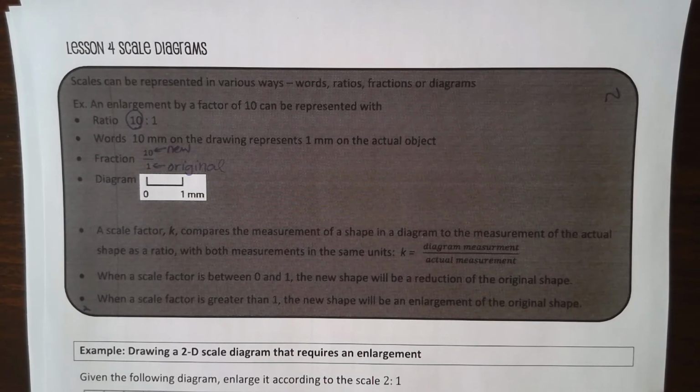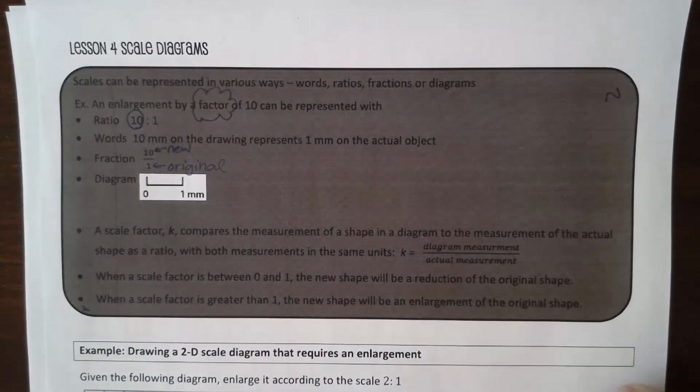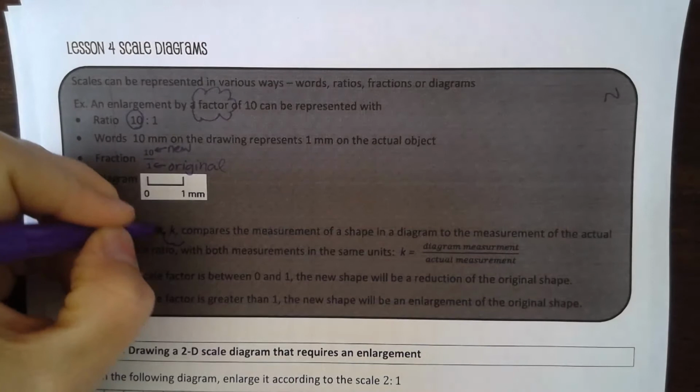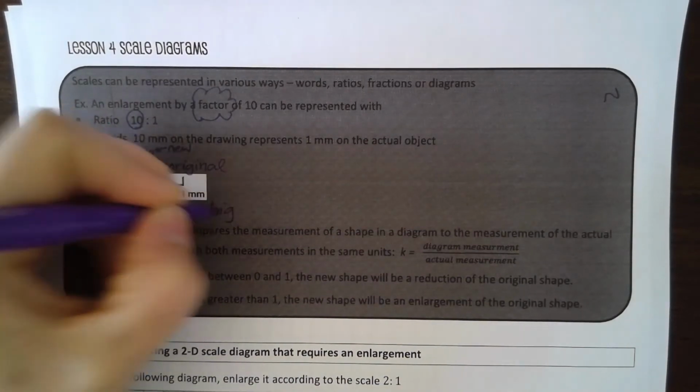It will pop up, but most of the time we're going to do ratios and fractions. Okay, the scale factor, so this factor that we are expanding or enlarging or reducing dimensions by, we're going to call that K. Okay, that's a big idea in this unit.